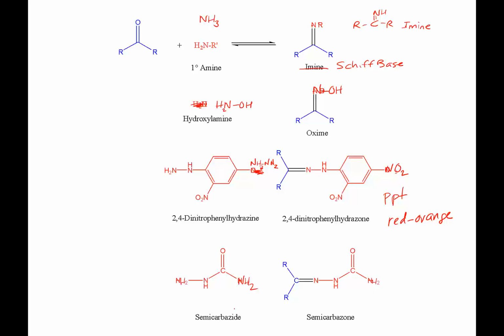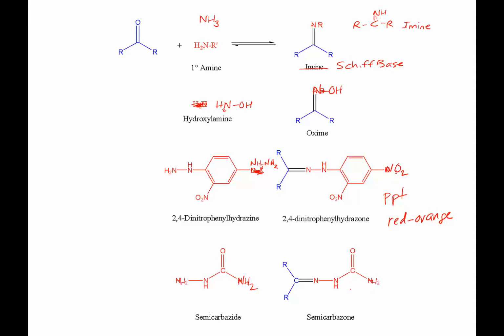And so pre-spectroscopy, that's how you would determine the identity of an aldehyde or a ketone, by making the hydrazone or oxime or semicarbazone as what we call a derivative, and then taking its melting point.